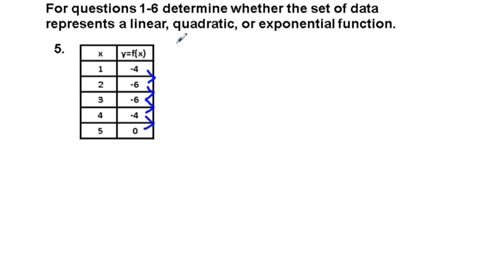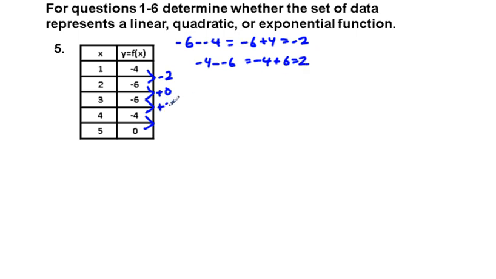Okay, first one we have negative 6 minus negative 4, which equals negative 6 plus 4 equals negative 2. So negative 2 is our first difference. Next, we're going to have negative 6 minus negative 6. Well, that's going to be plus 0. Next, we're going to have negative 4 minus negative 6, which equals negative 4 plus 6, which equals 2.